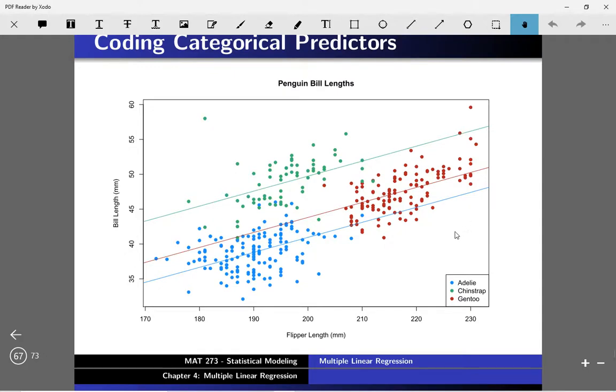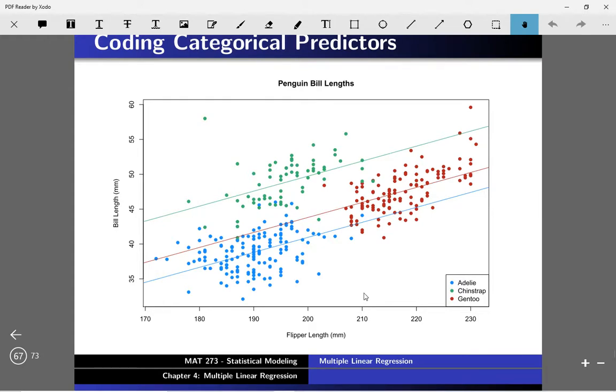And there are very distinct distributions of the bill lengths depending on the penguin species. So here's all the Adelie penguins, Chinstrap, and Gentoo. They're very separated. There's a clear separation in the data depending on species. So that's showing that it's a very important predictor in the model. This is extremely clear cut.